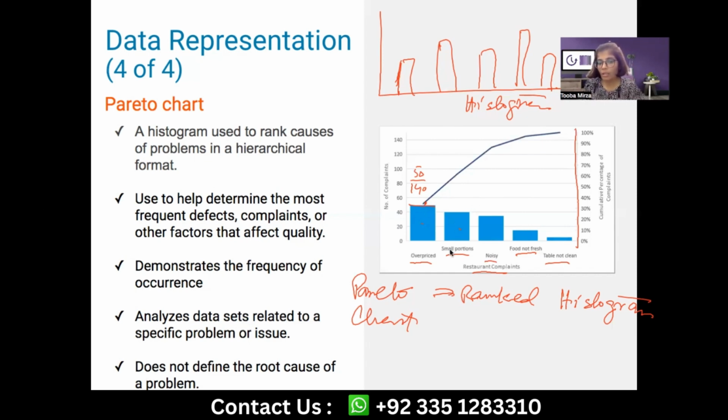Similarly, small portions is 40 complaints. 40 plus 50 is the cumulative calculation. So 90 divided by 140 is somewhere around 70 to 75%.